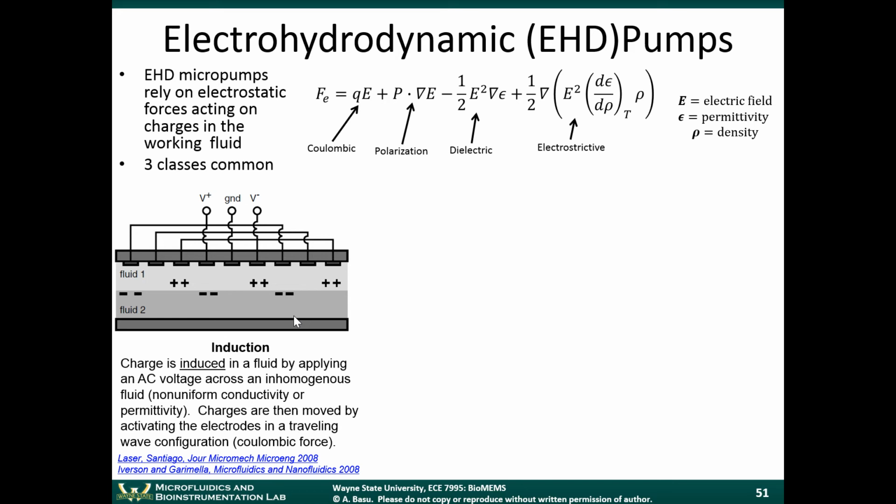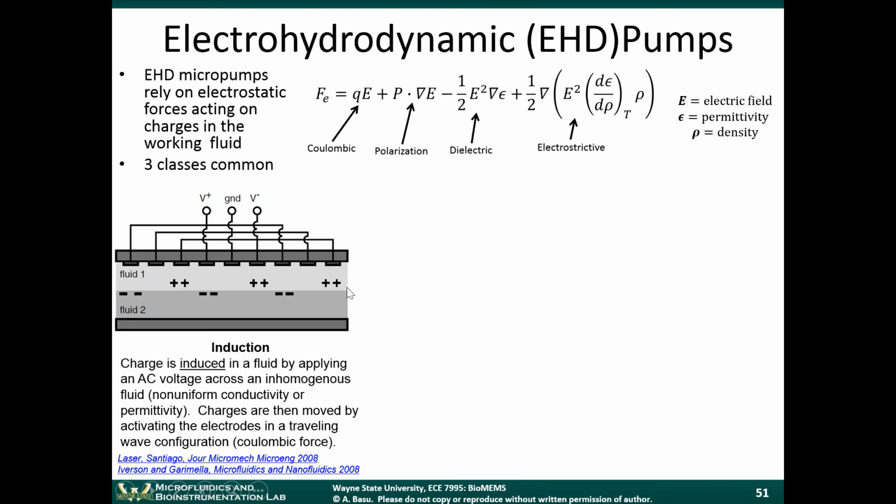This means that the fluids respond in different ways with respect to their electric fields. So this charge induction, the fact that you have these two fluids with different dielectric constants, when you put a lateral voltage across there, creates positive and negative charges at the interface like this.